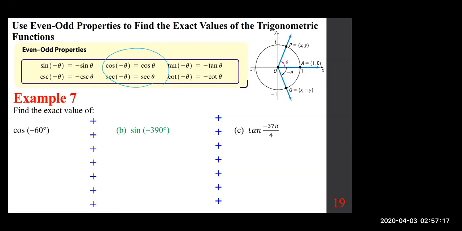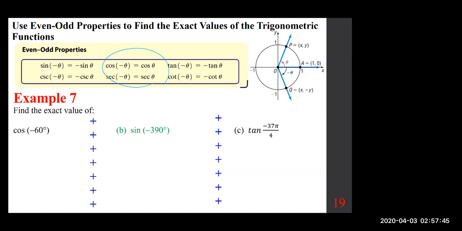And so I want you to see why. For example, cosine of pi over 6 or negative pi over 6, it's the same. The reason why is that cosine corresponds to the x coordinate, everybody. Whether you go clockwise or counterclockwise, you are in the first or fourth quadrant in the case of pi over 6 as an example. So that's important to recognize.